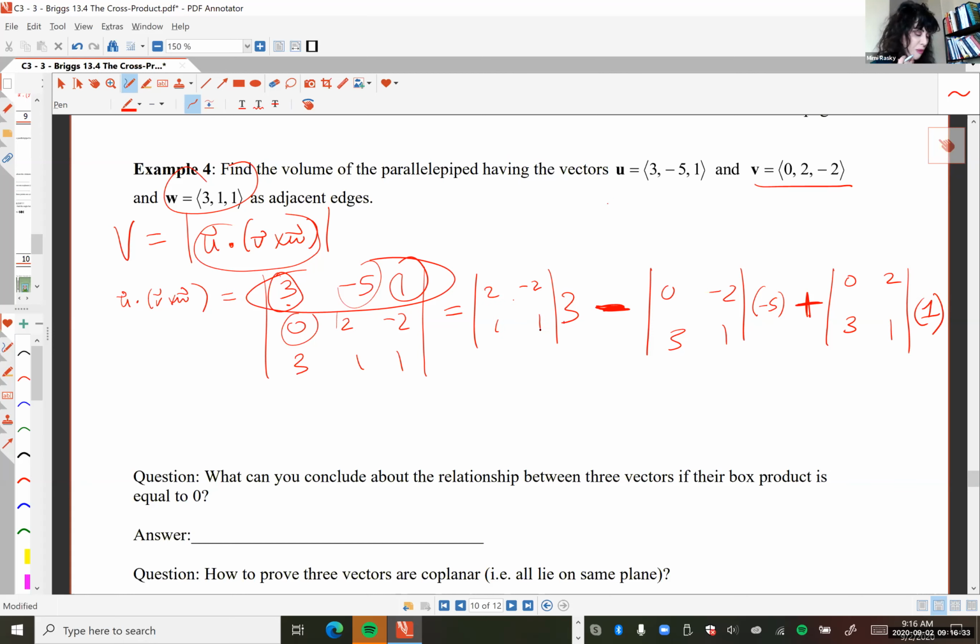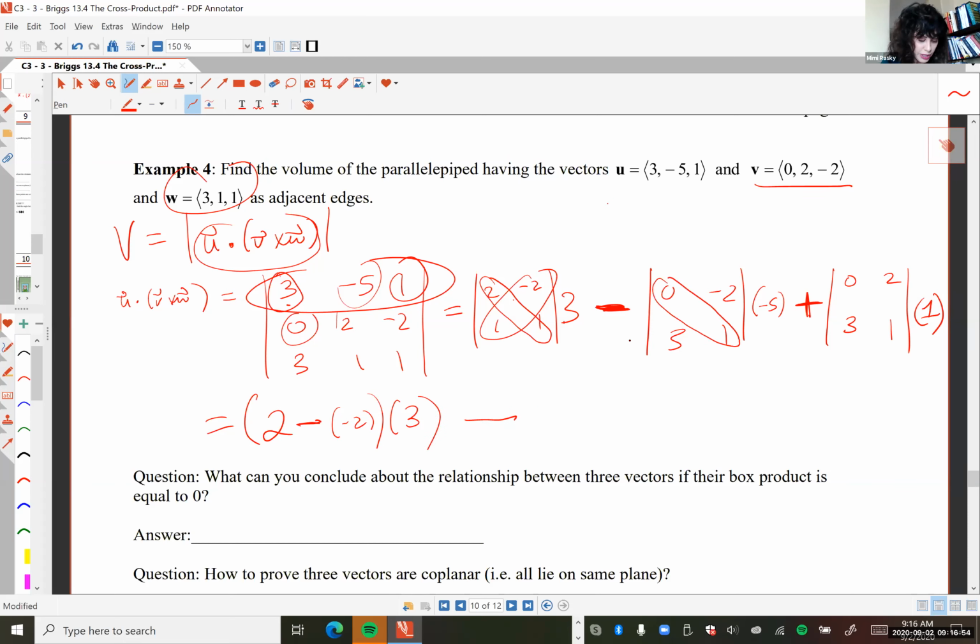Okay, now what? So you're going to use your knowledge of a 2 by 2 determinant. So you multiply the 2 numbers along the major diagonal, 2, and you subtract the product along the minor diagonal. So 2 minus a minus 2, and that's going to multiply by 3. We'll do the arithmetic in a moment.